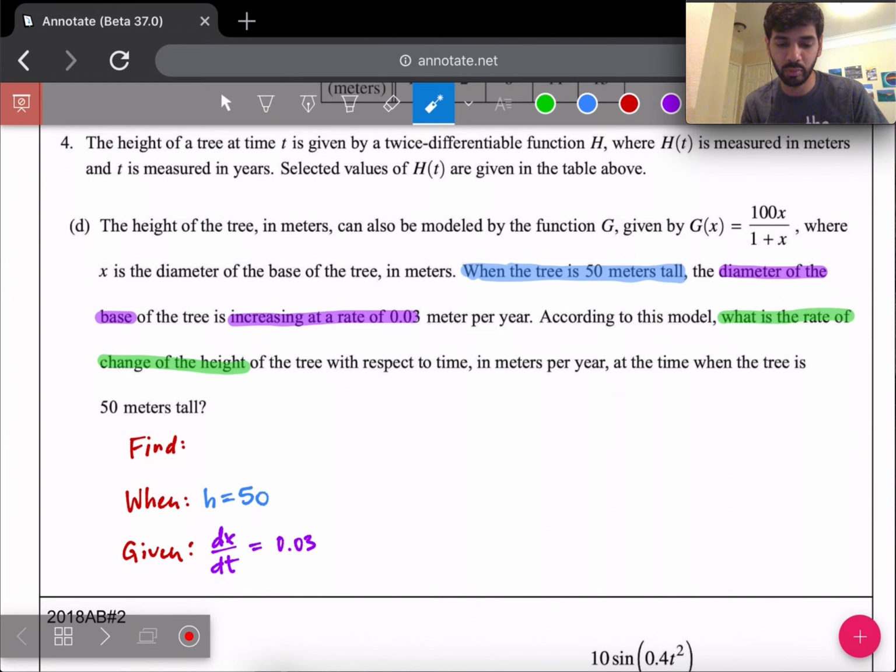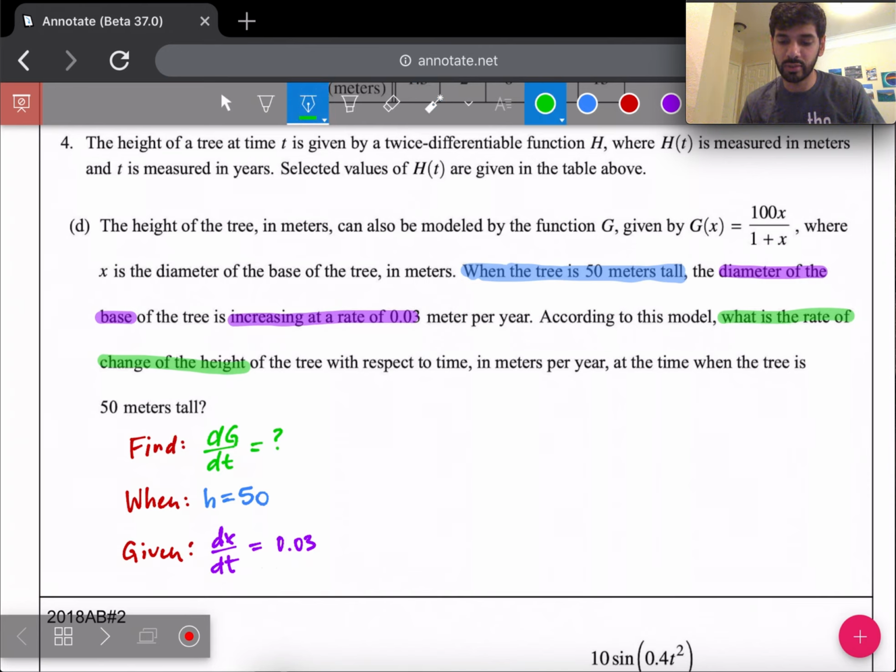The rate of change of it would be g prime, or dg dt. dg dt equals, we don't know what that is. We need to figure out what that is. So we need to find, in a nutshell, what is dg dt when h is 50 meters, given that the rate of change of the diameter of the tree trunk is 0.03.